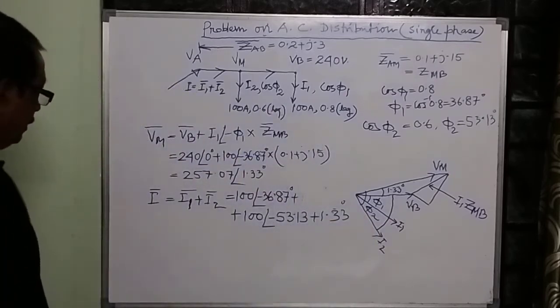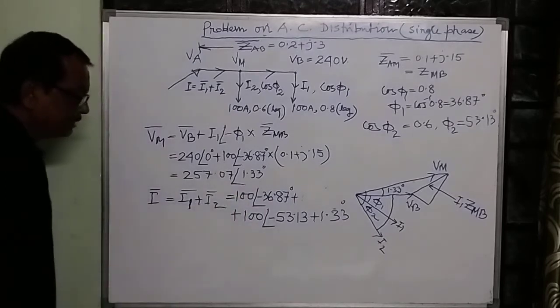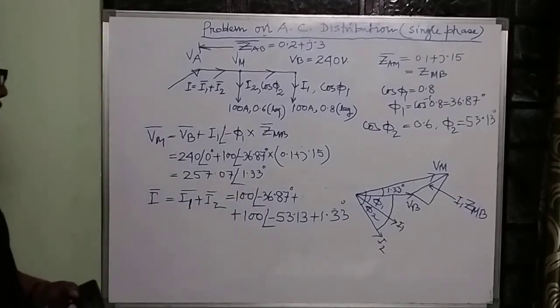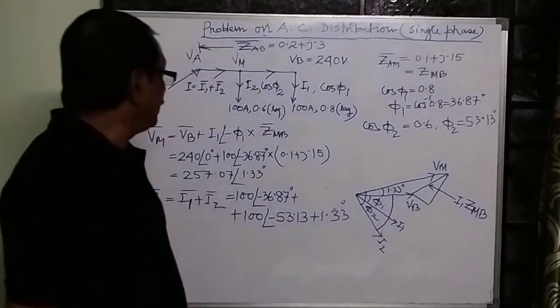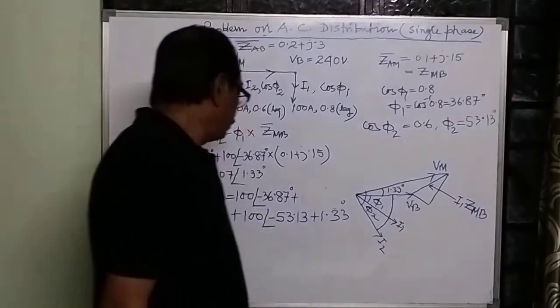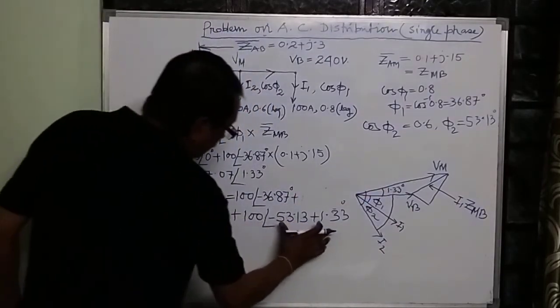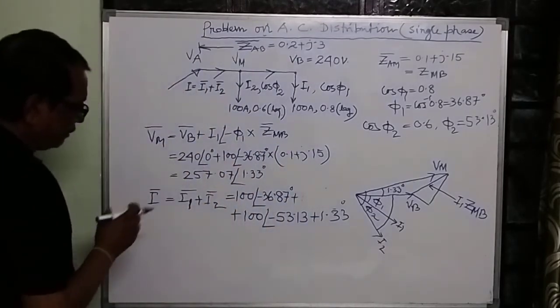So the I2 magnitude is 100 ampere, but its angle will be with respect to the reference line. Given the point 6 with respect to Vn, this is the minus sign, so the angle will decrease.